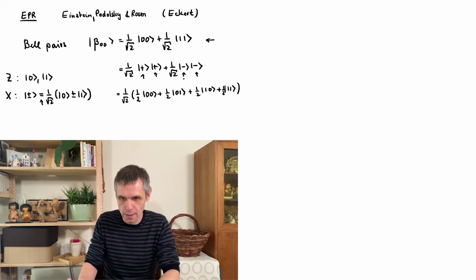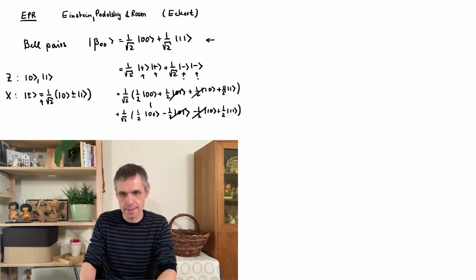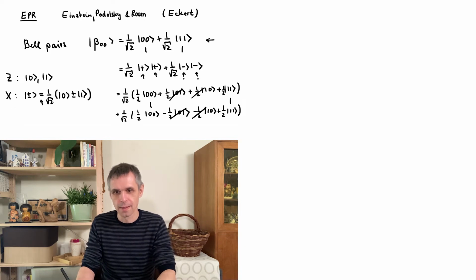And when we now turn to these states with the minus, then we get a similar sum with factors of 1/2, but in 2 of these cases here in the middle, including a minus sign. And now some of these terms simply cancel, and the remaining states add up to the desired states here. So this works out as intended.